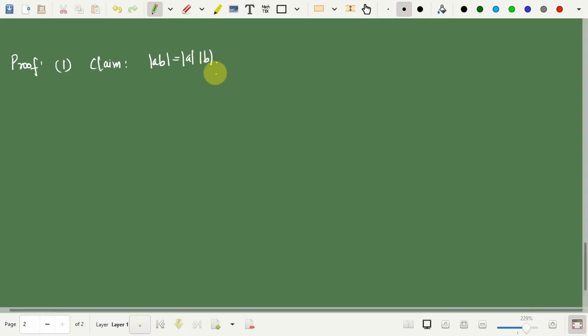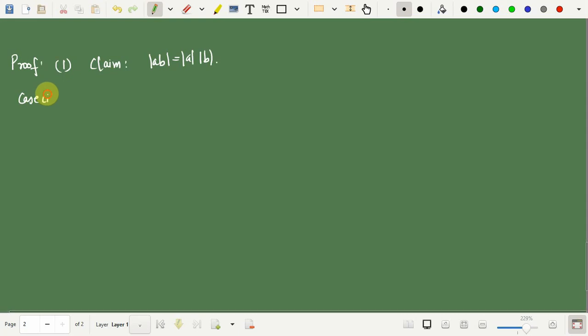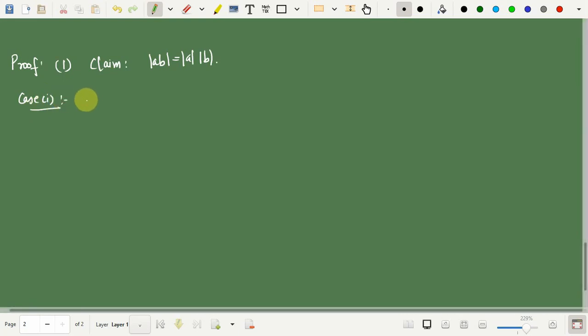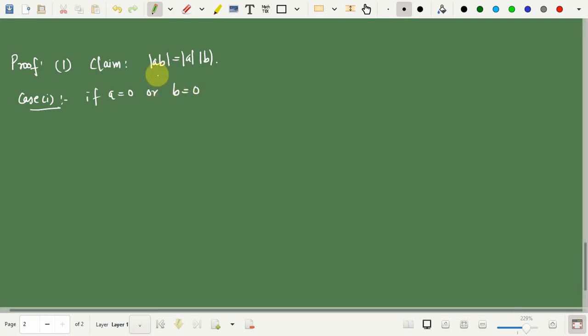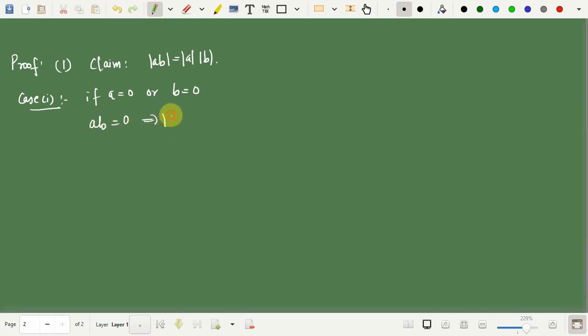Now, this we would prove in a very simple way. What we will do, we would consider all the cases for a and b. So, the first case among that is when one of a or b is equal to 0. So, if a is equal to 0 or b is equal to 0, in that case it is very easy to see that left hand side is equal to right hand side. So, in that case a b would be equal to 0, and therefore, mod of a b would be same as 0.